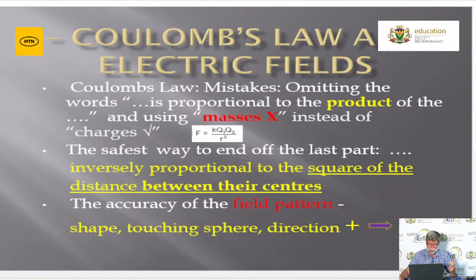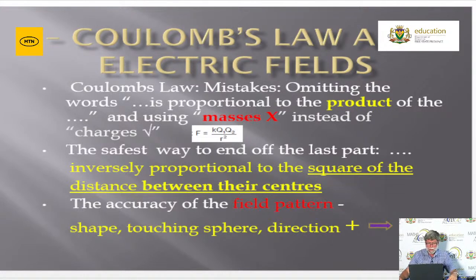If there are curved lines in your shape, make sure the direction of those curved lines is accurate and it mustn't have a more or a less shape. Make sure that the shape is correct, that your field lines touch the sphere, and then that the direction must be correct from positive to negative. You can't afford to lose marks on such a question.